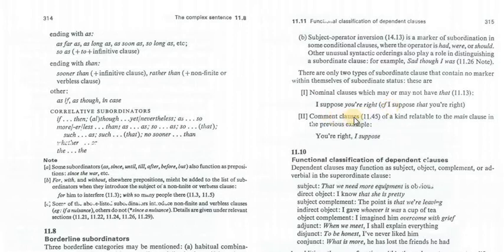Then the comment clause, in which I comment on what is said. I say a sentence and comment on it, a kind related to the main clause in the previous examples. For example, you're right I suppose. I said you're right, and I suppose means I think, so I commented on the clause you're right by using I suppose.